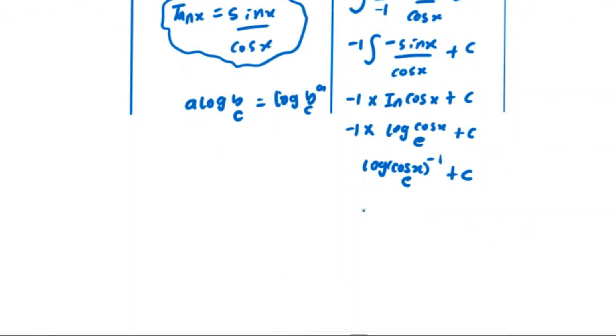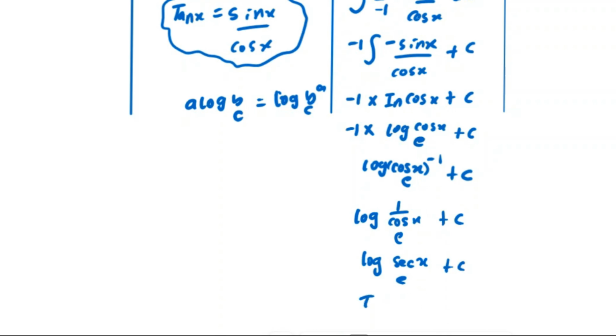So what this therefore means is that log of cos x raised to power minus 1 is the same thing as log of 1 over cos x, base e, plus c. So this will give us log of 1 over cos x, which is sec x, base e, plus c.